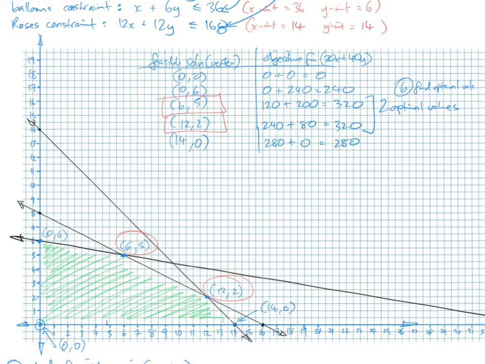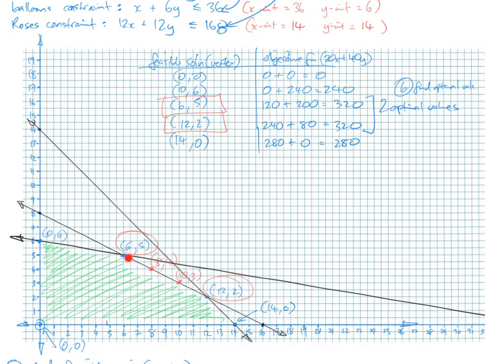We can't have half baskets, so it has to be whole number values. So we've got another one here, which is 8, 4 along this line. And we're going to have another value here, 10, 3 along this line. Because we have shown that the objective function is going to be maximum here and here, the objective function is going to be a line going exactly between these two vertices.